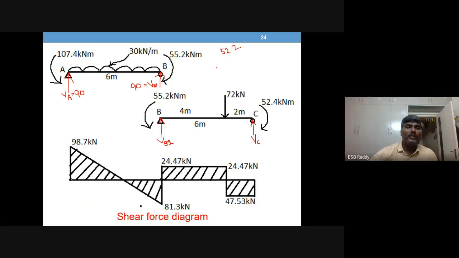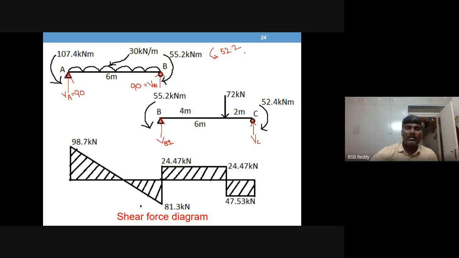Which direction? Which is more? 107.4 is more. So anti-clockwise. So this is an anti-clockwise moment. 52.2 is the total moment in AB. Okay. Right. Applied on AB.